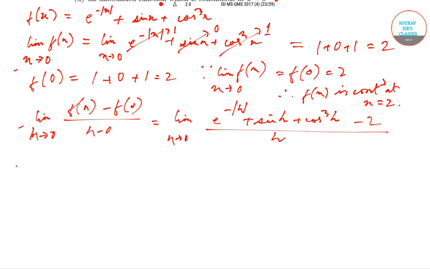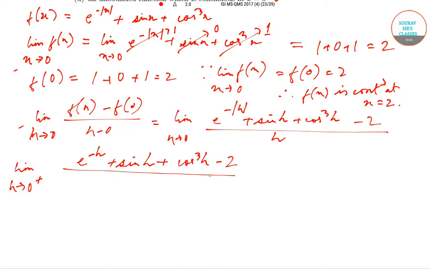So if we take the limit as h tends to 0 plus, then mod of h will tend to h, and e to the power minus of mod of h will tend to e to the power minus of h, plus sine of h plus cos cube h minus 2 by h.